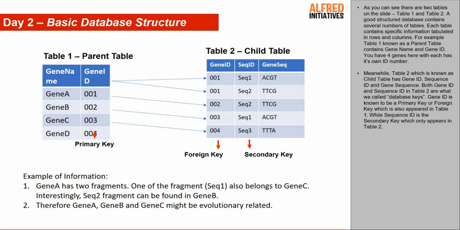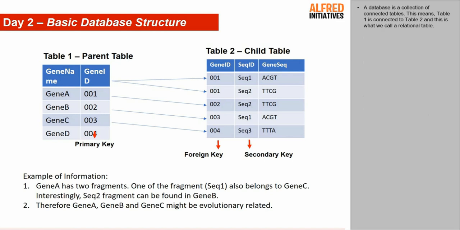Both gene ID and sequence ID in table 2 are what are called database keys. Gene ID is known as the primary key or foreign key, which also appears in table 1, while sequence ID is the secondary key, which only appears in table 2. A database is a collection of connected tables.